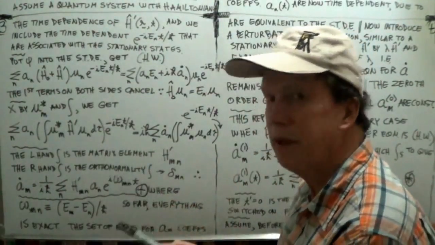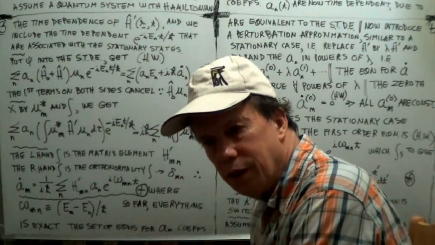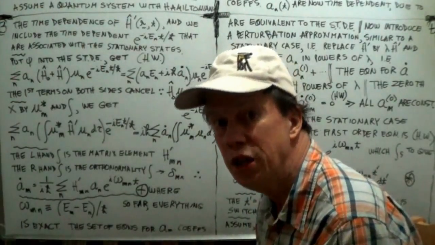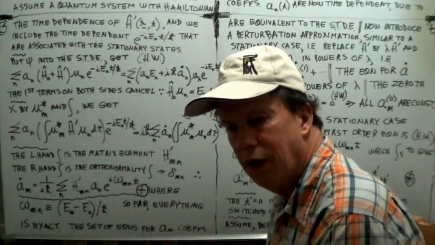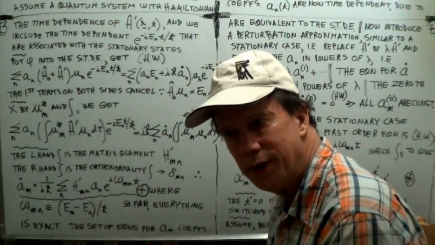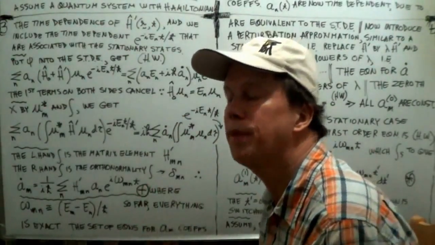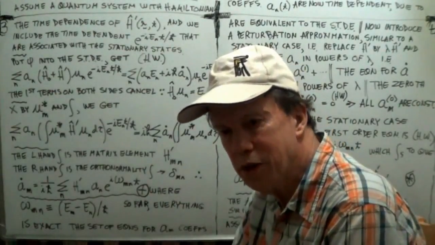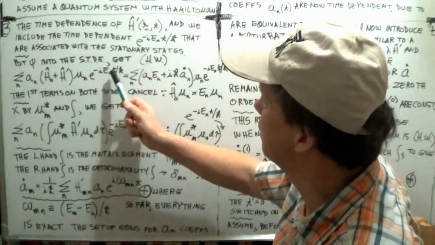Plug in the value. In the previous session we assumed that the Schrödinger wave function psi, now a function of r and t, was equal to the sum of a n, the weighting coefficients, which are now a function of time, so a n of t, times un only of r, and the exponential term e to the minus i E n t over h bar.